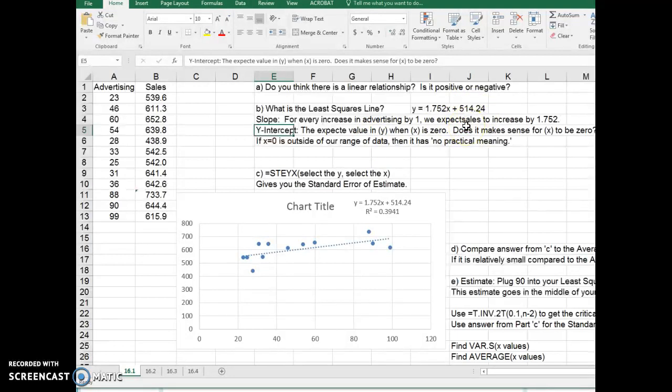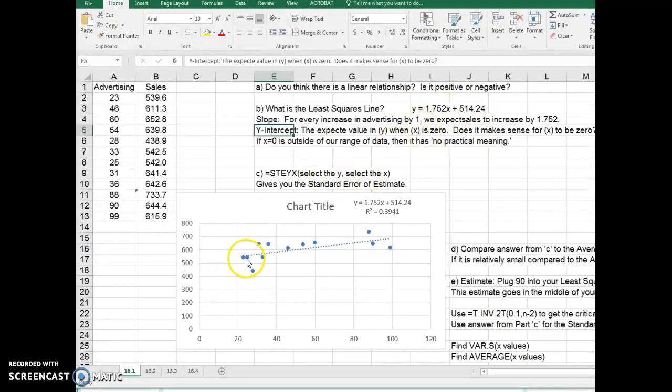We always want to be cautious interpreting that. Sometimes it makes sense. In this case, it kind of does make sense for x to be 0 because it's possible for a business to spend 0 on advertising. But always pay attention to this. If x equals 0 is outside of our range of data, then it really has no practical meaning. We don't want to use this equation for anything outside of our range of data.